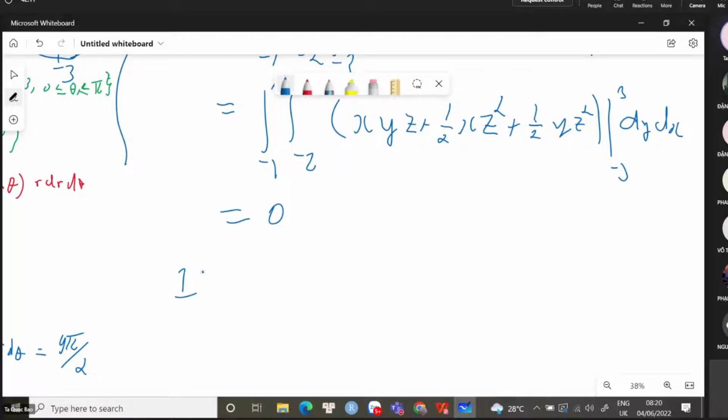Question 1b. Integration in D of xyz e power minus x power 2 minus y power 2 dV.